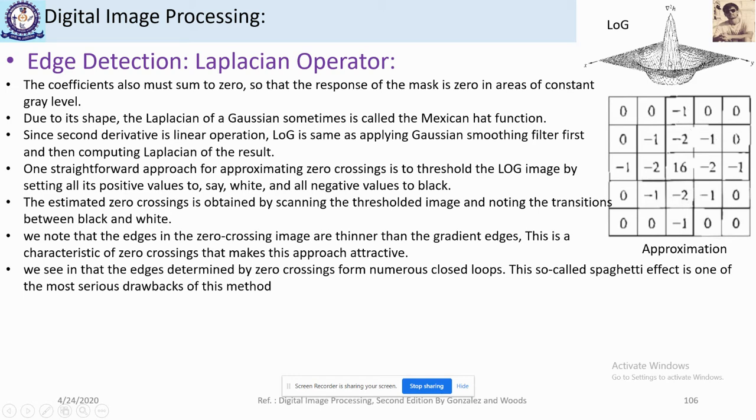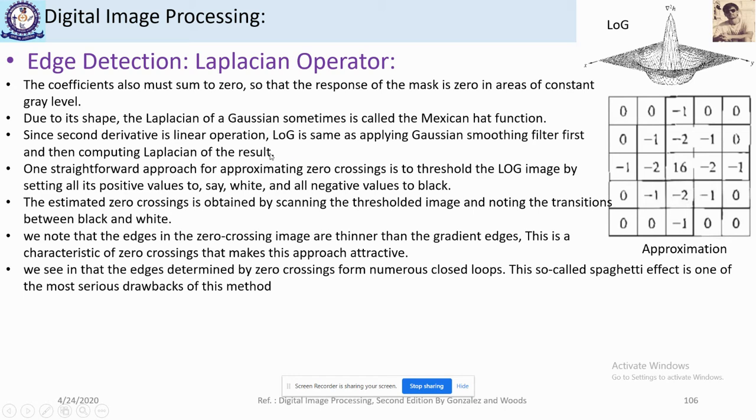Here 16 corresponds to the maximum positive value, and nearby we have some negative values, and after that we have zero values. This is one approximation of LoG. This is not the unique approximation of the LoG. We can have other approximations depending on our application.